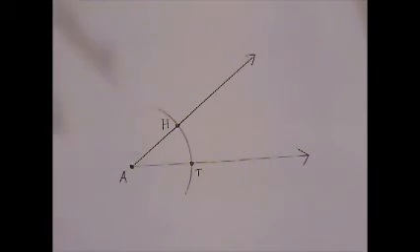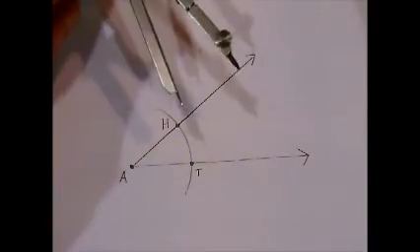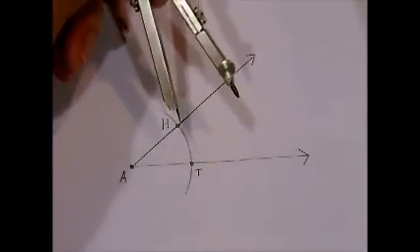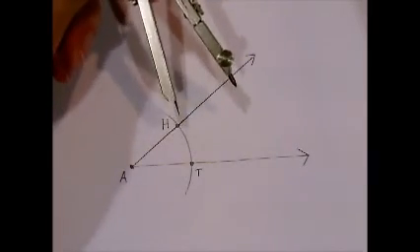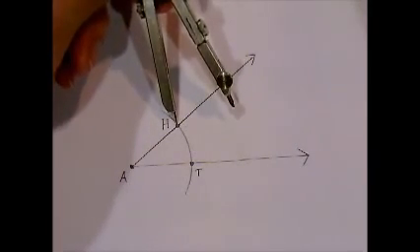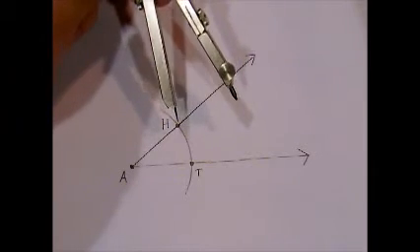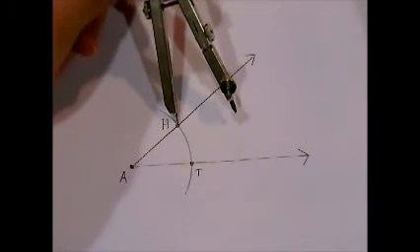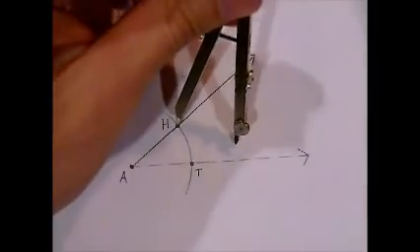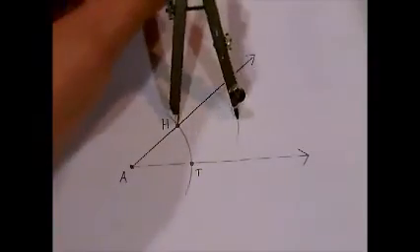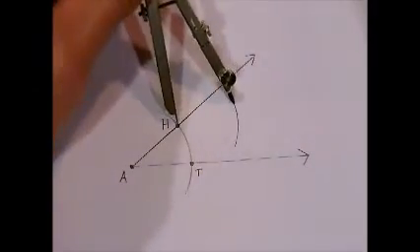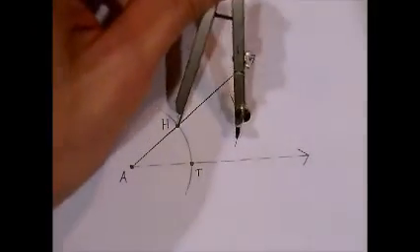Next, you're going to take the compass and use the same compass setting. You are not going to change it. So do not make the compass setting wider or smaller. Place the needle on point H and make an arc that's in the interior of the angle A, like that. So make sure you're following what I'm doing.